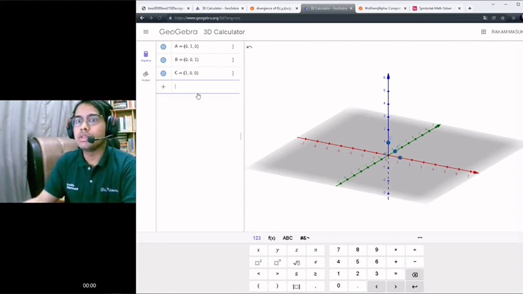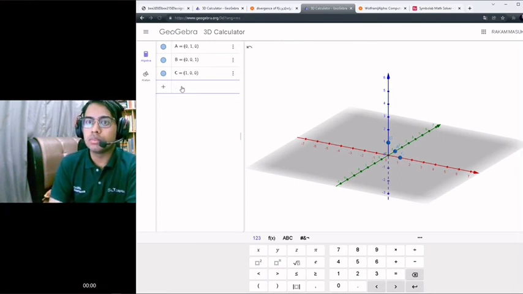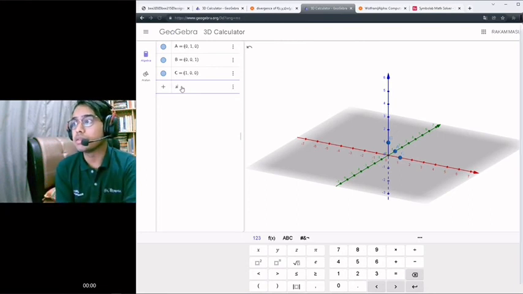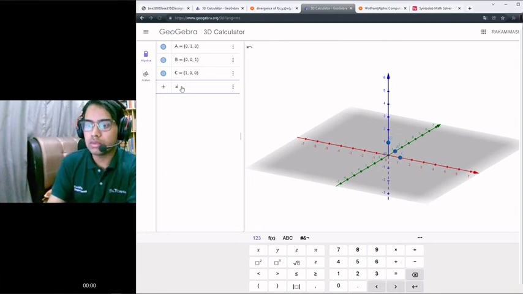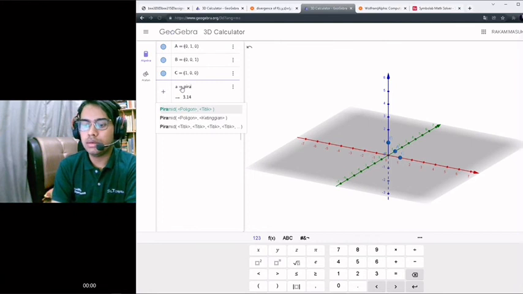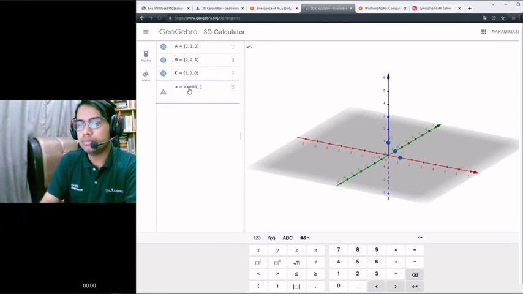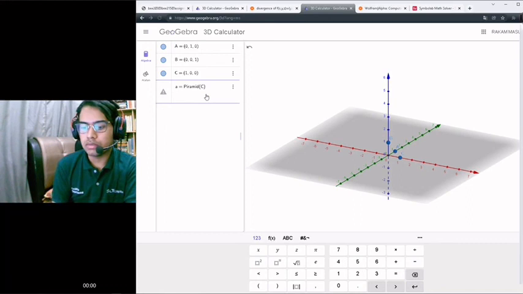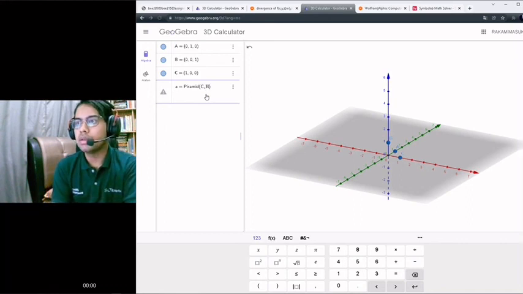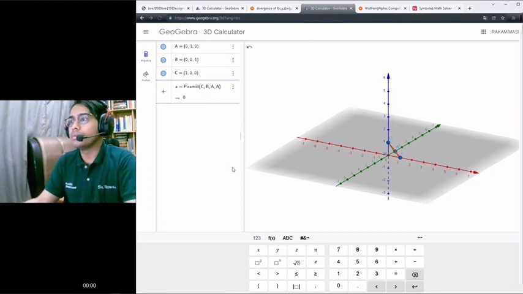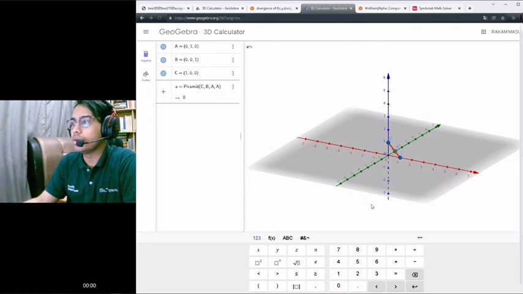For this we need to use the coding for GeoGebra. We need to put A equal to pyramid, and arrange the values C, B, A. Now we got the shape.